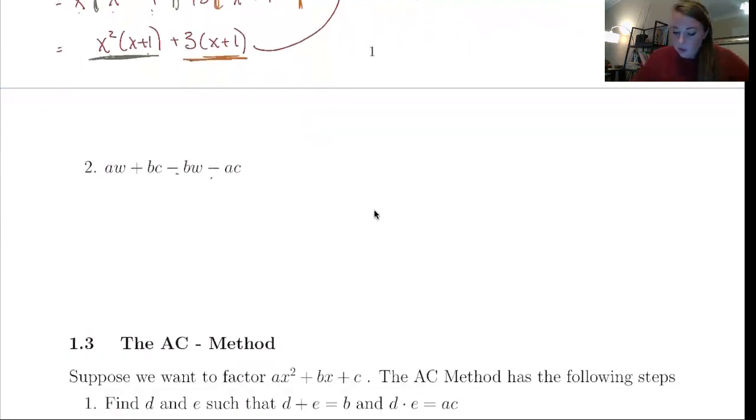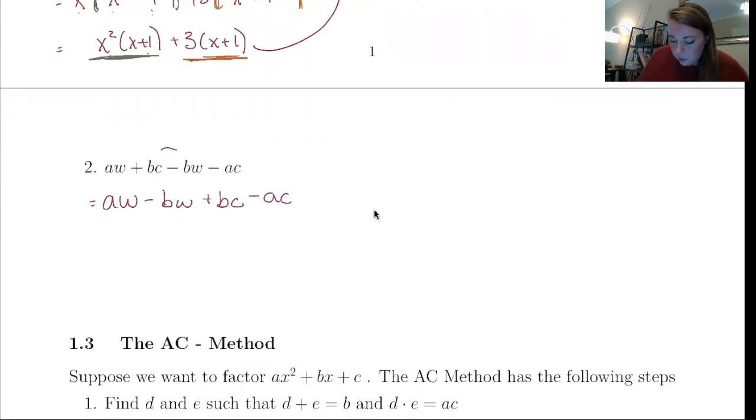If I chose to group AW and BC, they literally have nothing in common. That's the only case where you might need to switch things around. So let's rewrite 2 as AW minus BW plus BC minus AC. And that'll also take care of my negative problem.